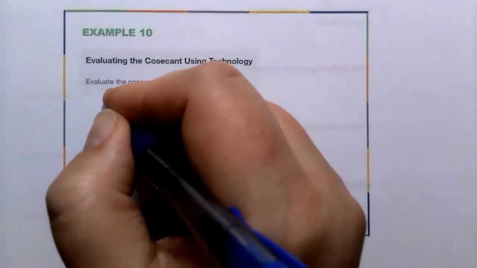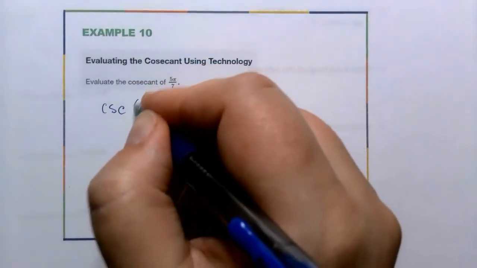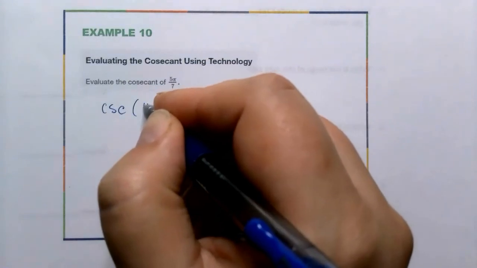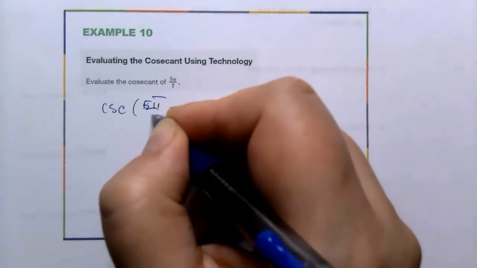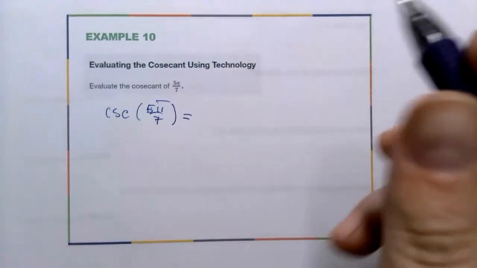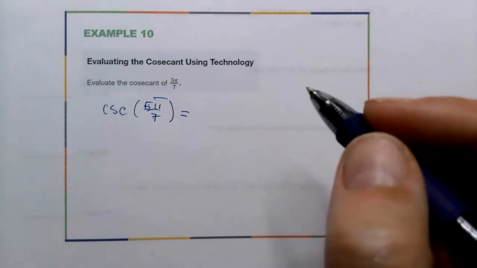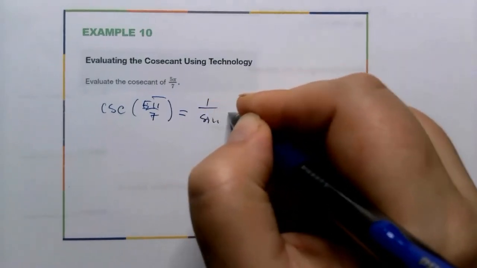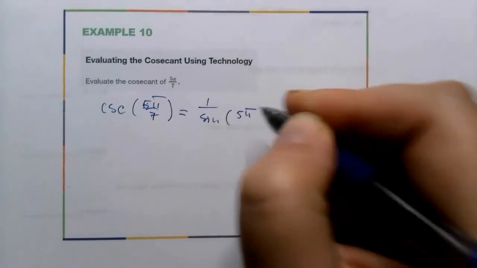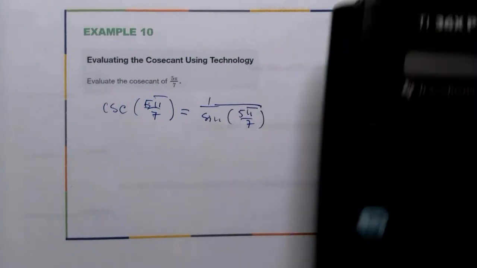What you need to remember is that your cosecant function is actually 1 over sine. So it's 1 over sine of 5 pi over 7. So you need to find your sine first.